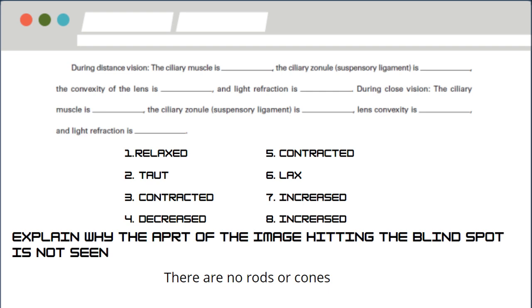The ciliary zonule, suspensory ligament, is lax. Lens convexity is increased and light refraction is increased. Number 12. Explain why the part of the image hitting the blind spot is not seen. Our answer is there are no rods or cones.